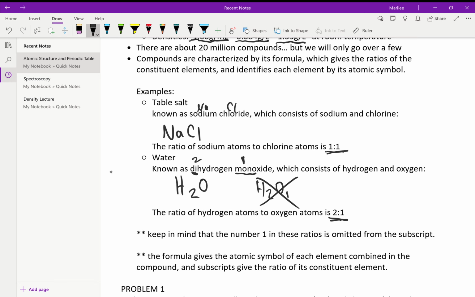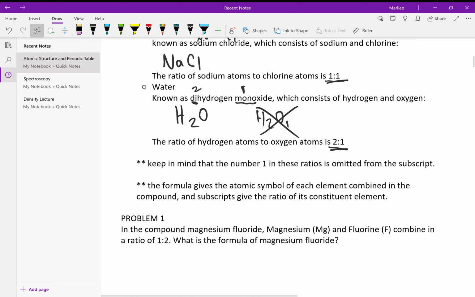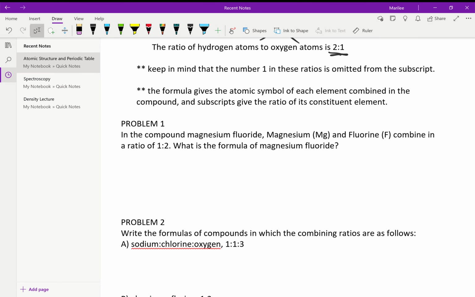Here it says the formula gives the atomic symbol of each element combined in the compound, and the subscript gives the ratio of its constituent elements. I just went over that. So let's do a problem here. Problem 1 says, in the compound magnesium fluoride, magnesium is Mg and fluorine is F, combined in a ratio of 1 to 2.